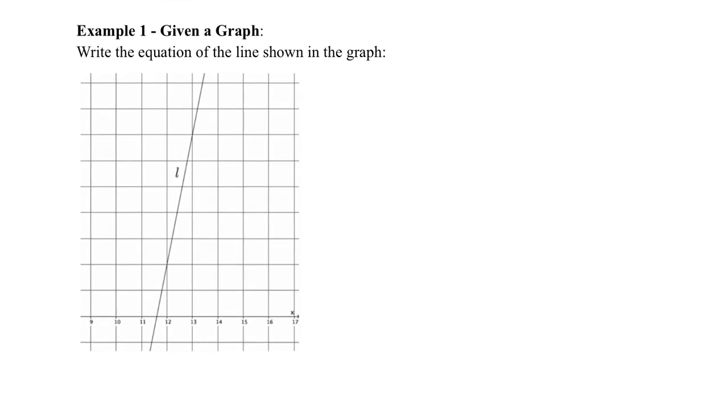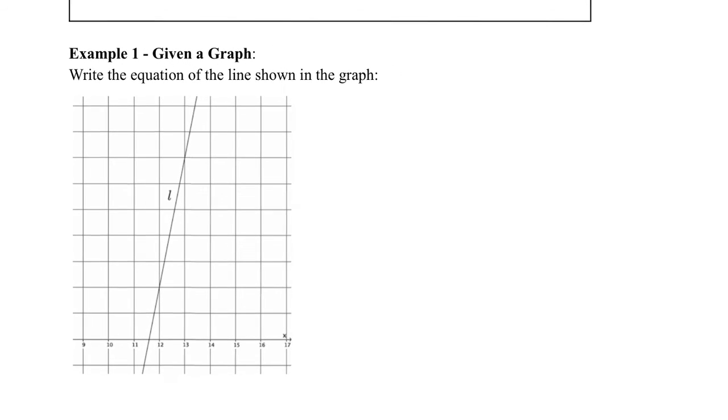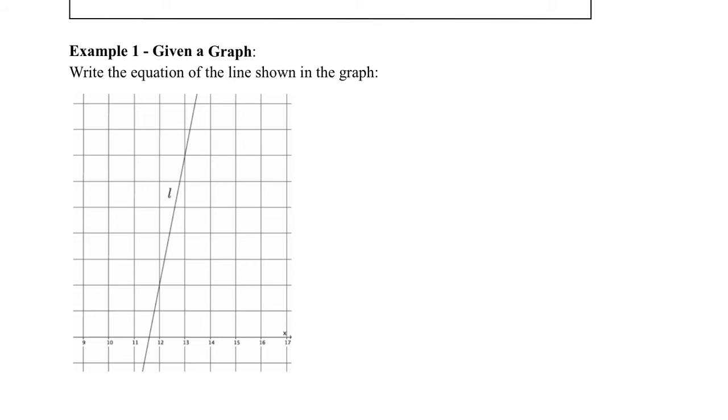Okay, so let's look at this situation right here. We're given a graph here, and we don't know the y-intercept because we don't see it on the graph. Or sometimes you're given a graph where the y-intercept is between two numbers, in which case you would need to do a little bit more work to figure out its exact value, because we don't want to be estimating.